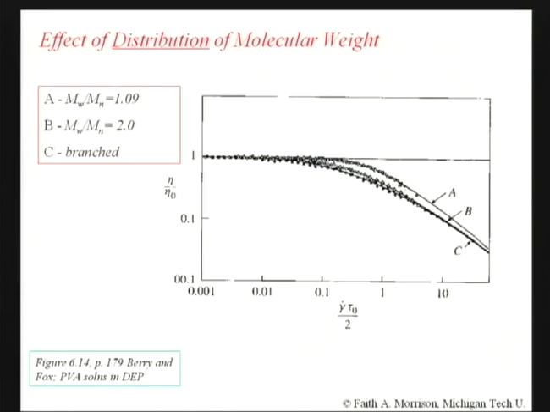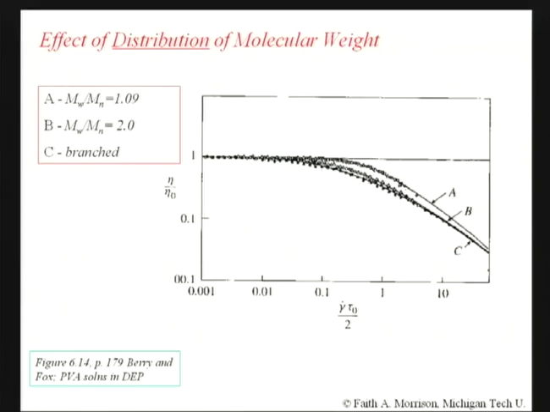For a very narrow material, it's fairly abrupt between this part and this part. But for real broad industrial materials, it can be an extremely shallow transition between zero shear and high shear rate. So that's one of my keepers.